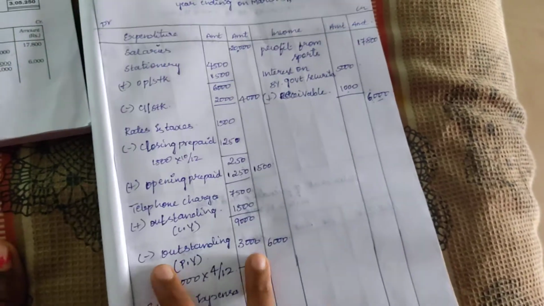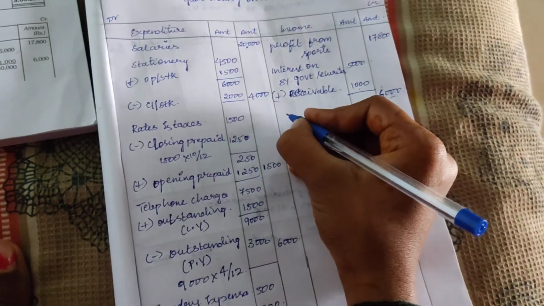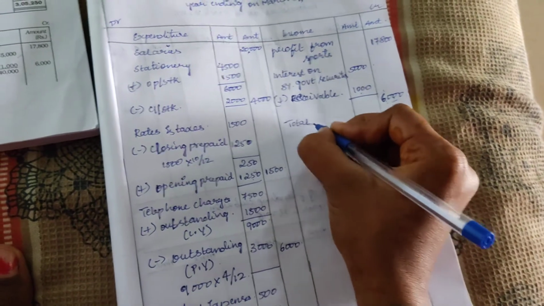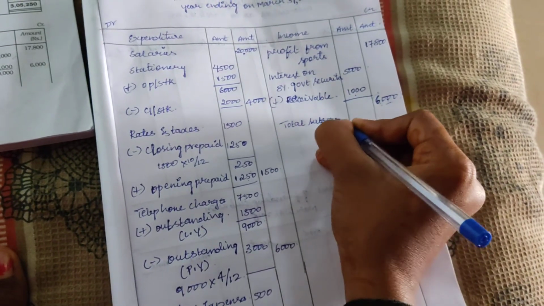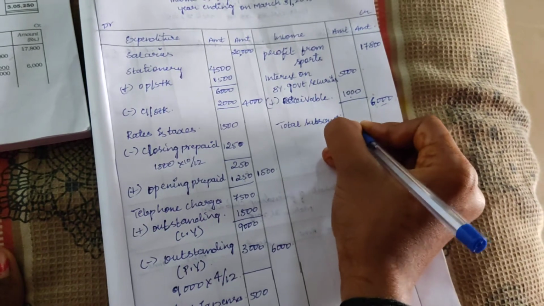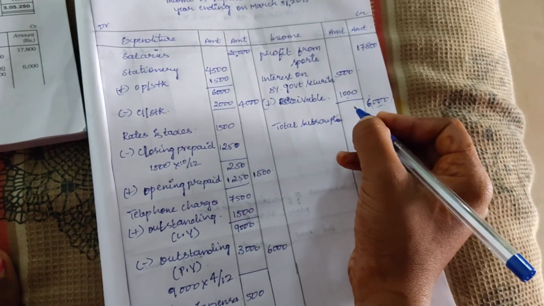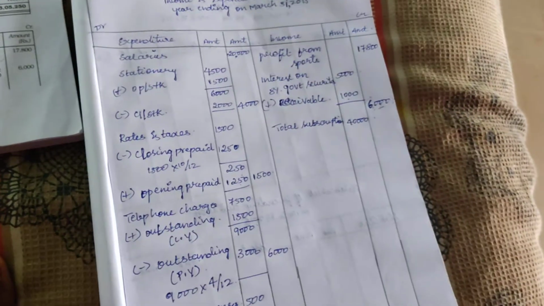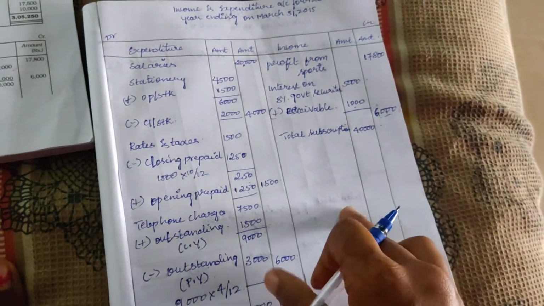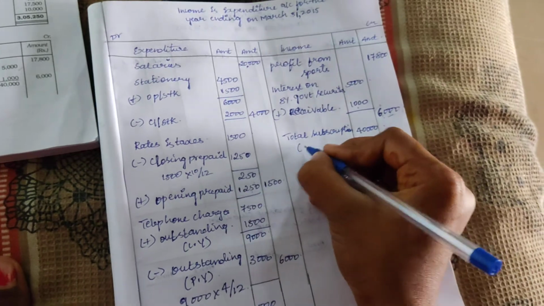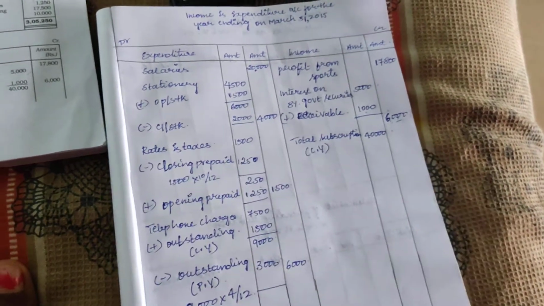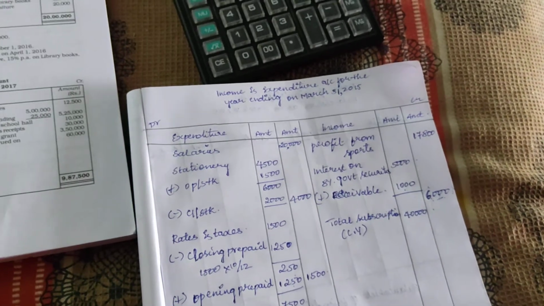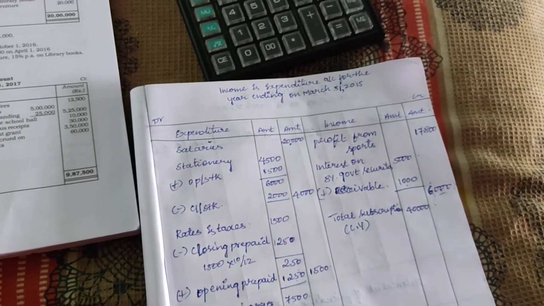Now let us come to the subscriptions. Carefully see about the subscriptions. So the total subscription which is given under the receipt side is 40,000, which is received during the current year. For that we have to see the openings.